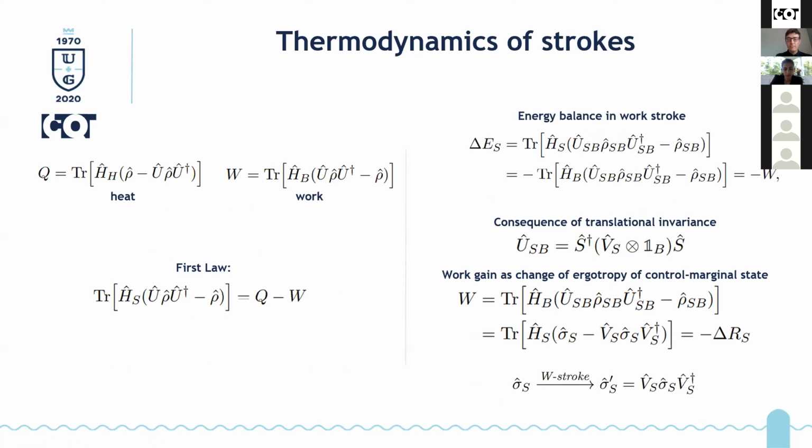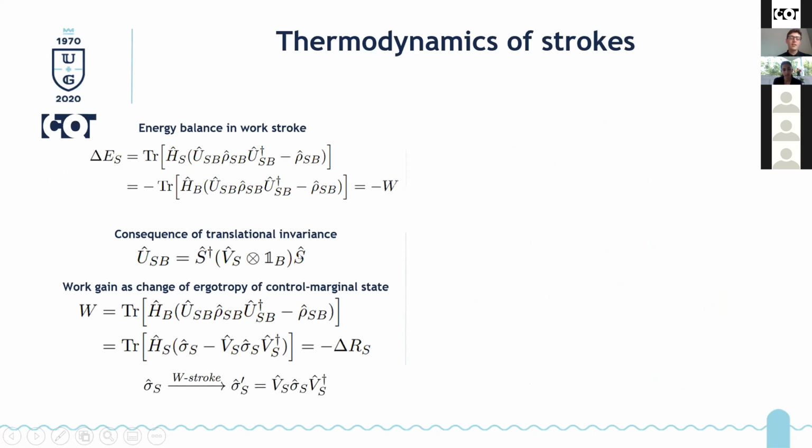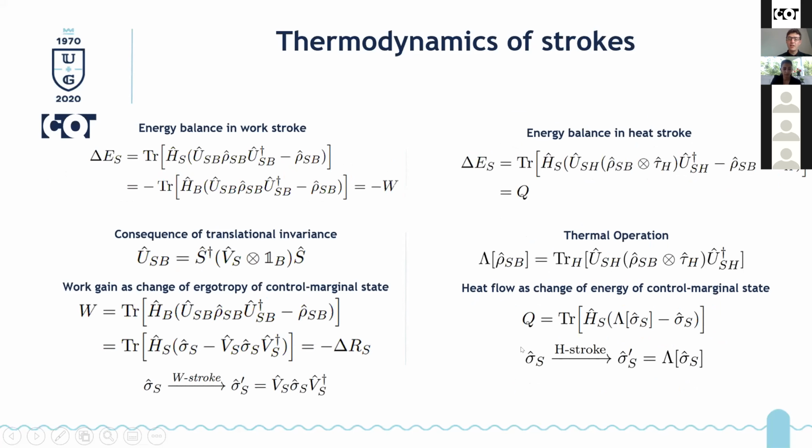So based on the control marginal state, we are able to calculate the evolution of the system in the work strokes, when we are coupled to the battery, the same as we do for the case when we are coupled to the bath. And then we do optimizations, and we can show that the second law is actually satisfied.